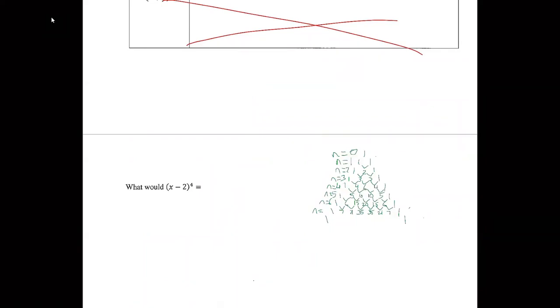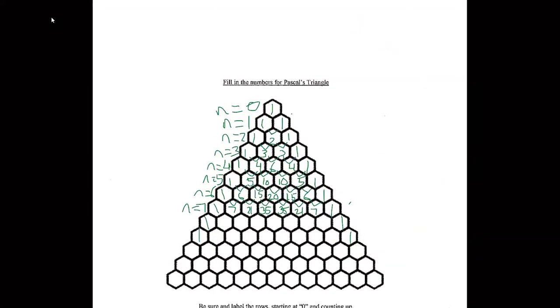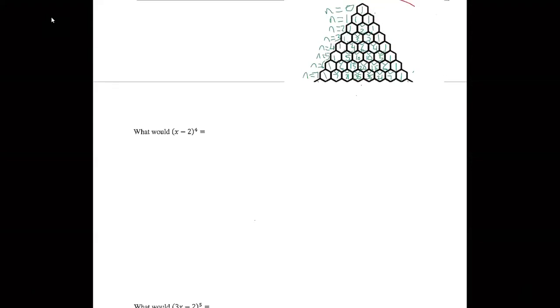Why did it work so well before? Let me just try from the original, because I want that Pascal triangle handy. All right, now we're in business.